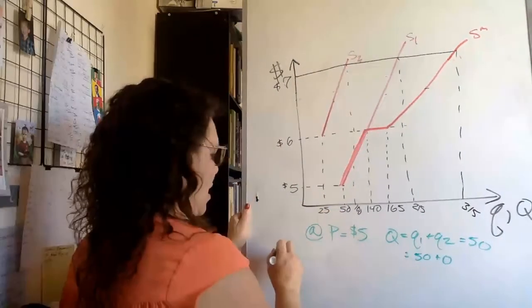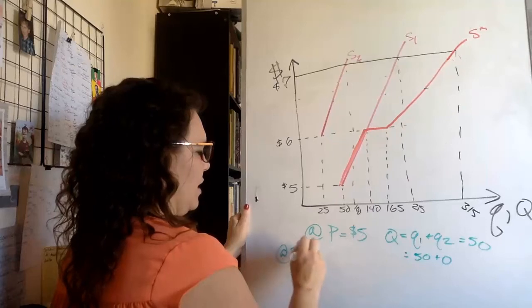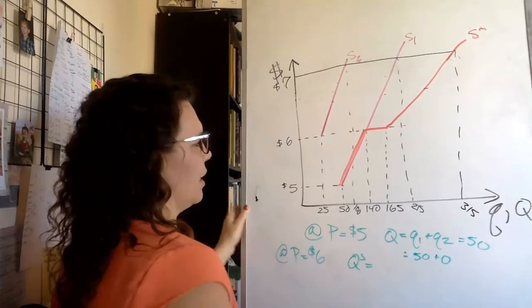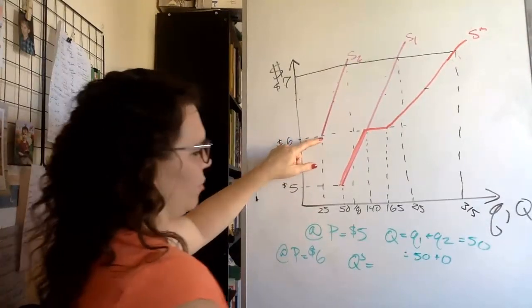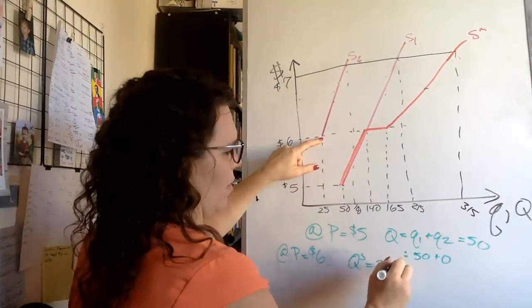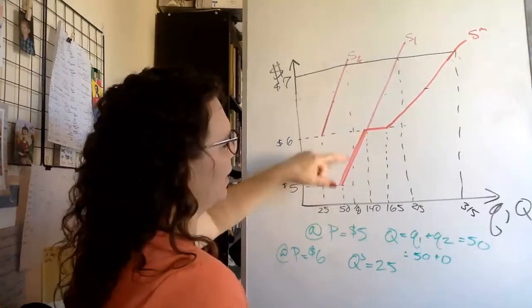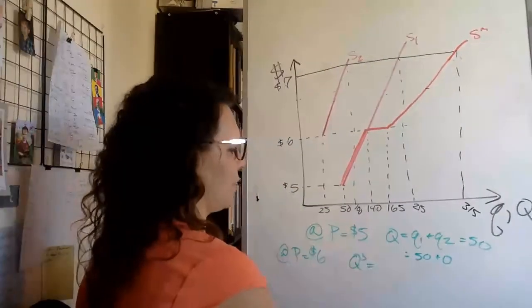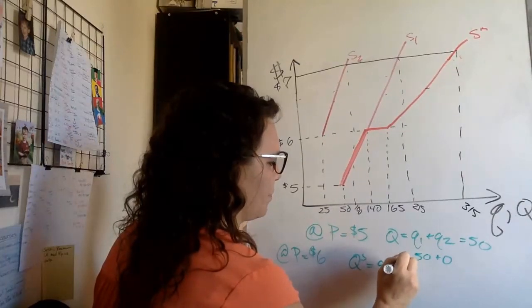At a price of $6, the market quantity supplied is going to be Q1 of 25, or sorry, Q1 of 100. Sorry. Okay, do over. It's going to be, let's say Q2 plus Q1, right?